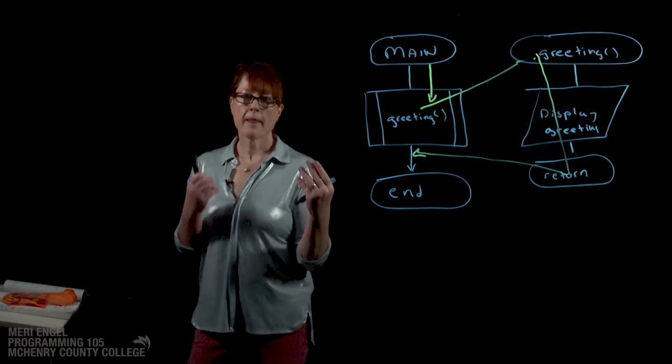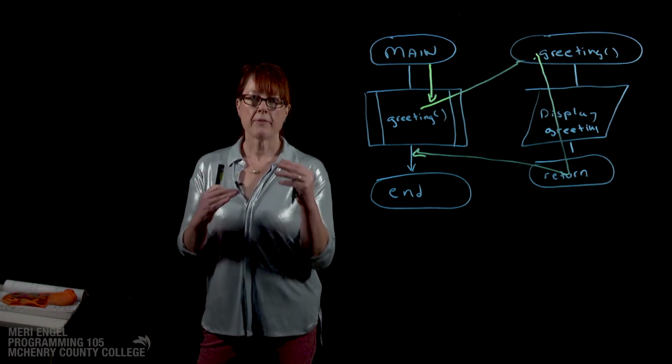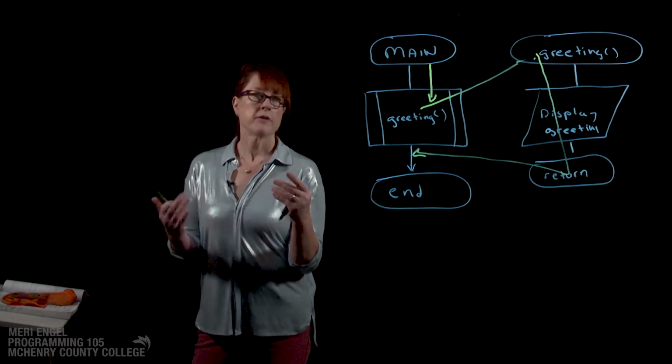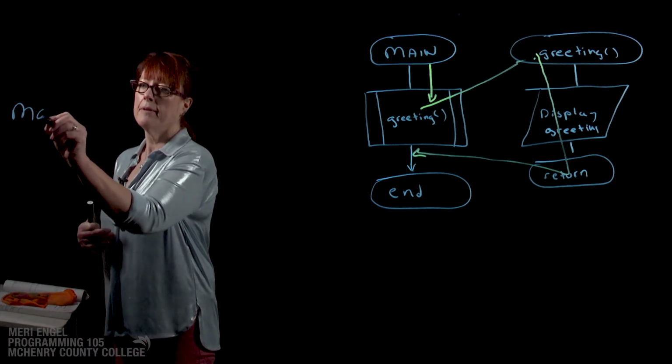So we're going to render that exact logic in pseudocode. With pseudocode, I really want you to think of it as a bunch of little programs. For each segment, you put what variables you're going to need and then what you're going to do. I didn't have any variables in this. So I would have my main.